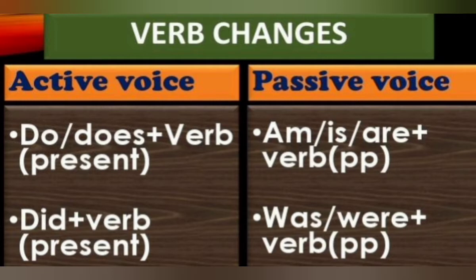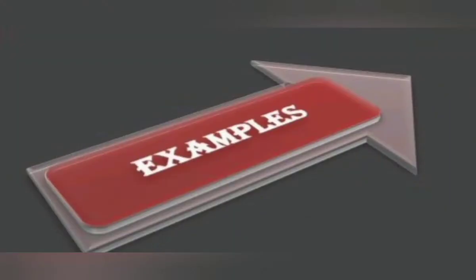And in the case of simple past tense, did plus verb present form becomes was or were plus verb past participle form. Let us see some example sentences, how to transform a sentence into passive voice.